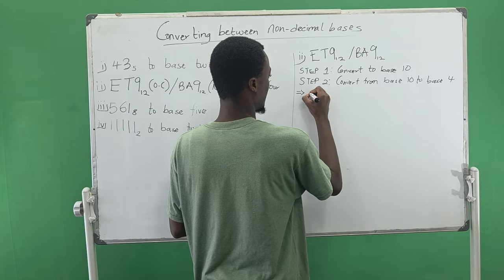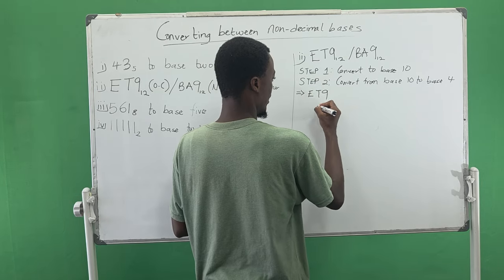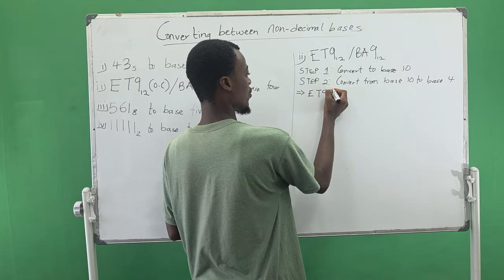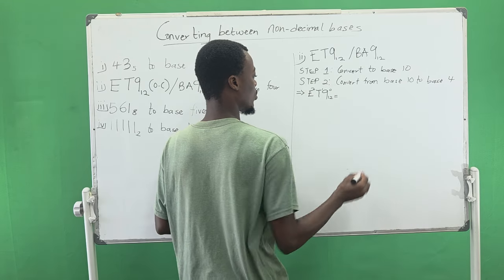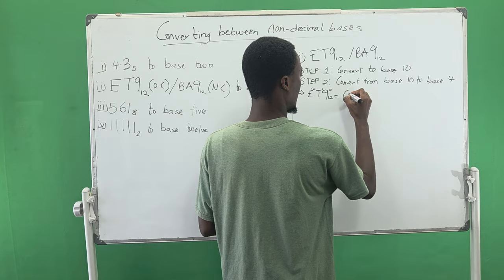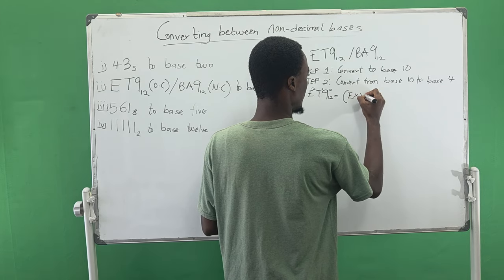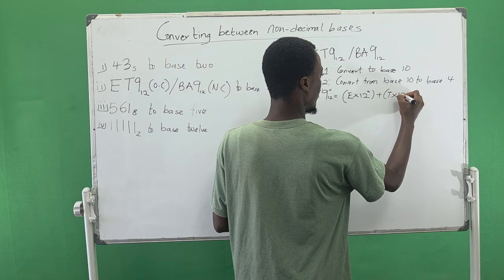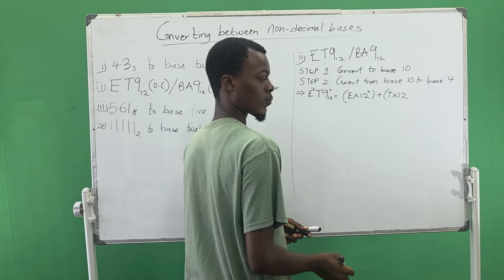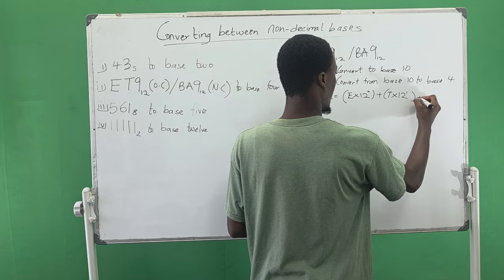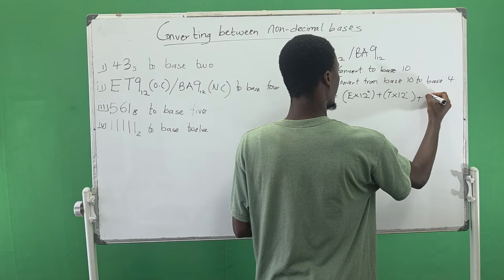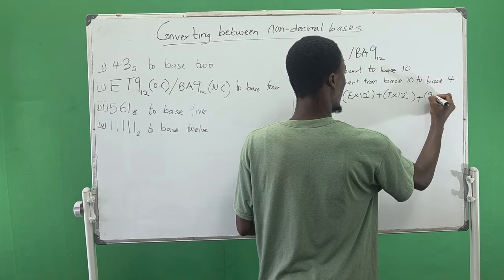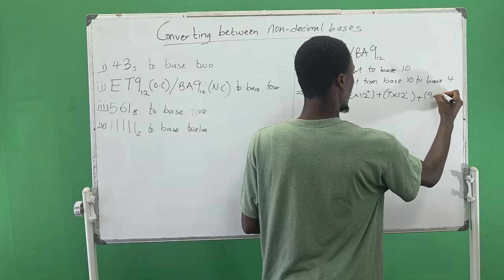ET9 base 12 is equal to what? The powers here are 0, 1, 2. So we have E times 12 exponent 2 plus T times 12 exponent 1 plus 9 times 12 exponent 0. This is for the old curriculum. Now for the new curriculum, we have BA9 base 12, which is equal to B times 12 exponent 2 plus A times 12 exponent 1 plus 9 times 12 exponent 0.